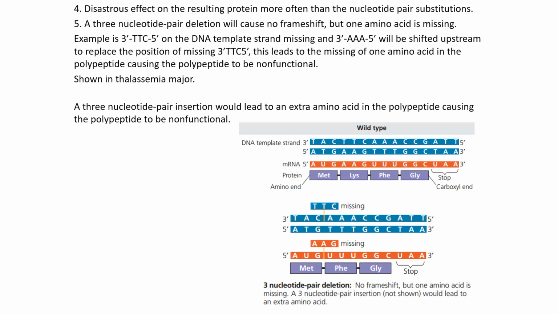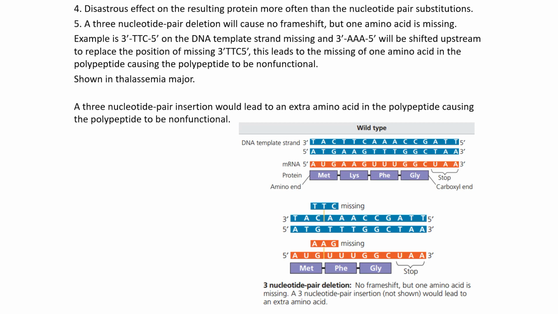So this frameshift mutation has a disastrous effect on the resulting protein more often than the point mutation or nucleotide pair substitution. Now, another case study here is a 3 nucleotide pair deletion and 3 nucleotide pair insertion.